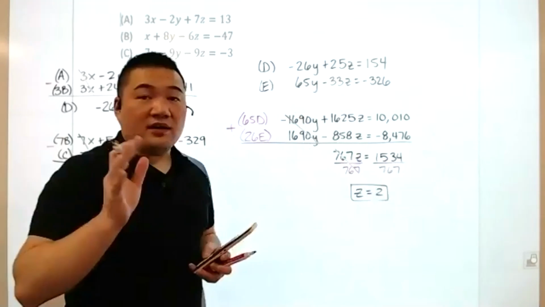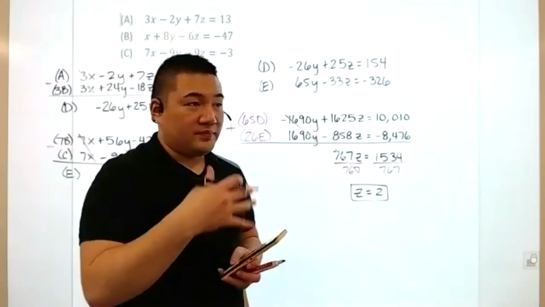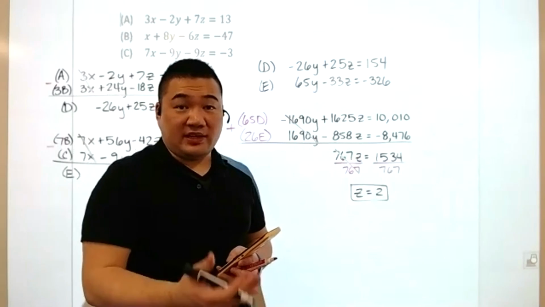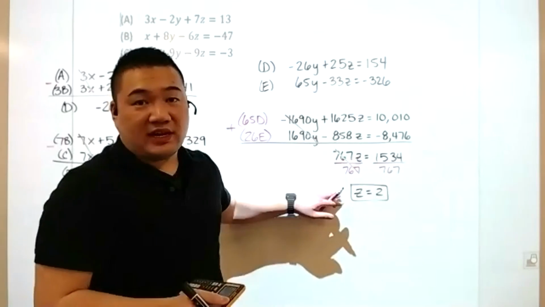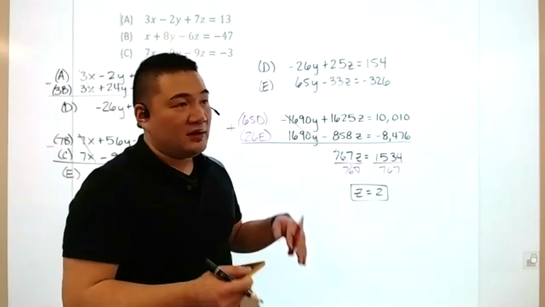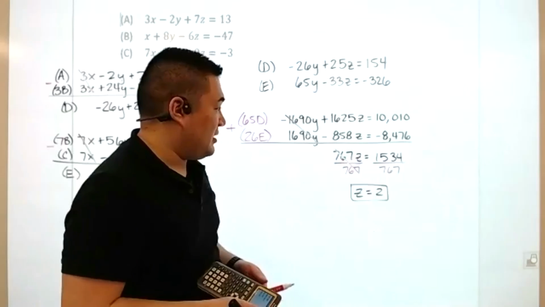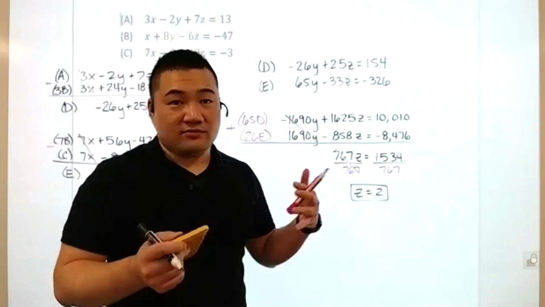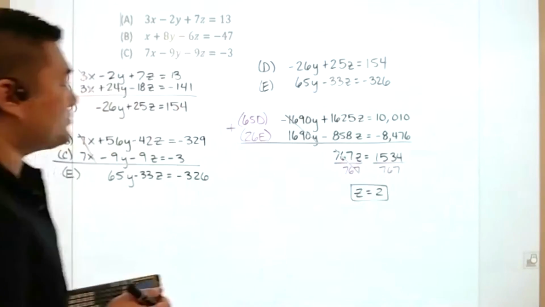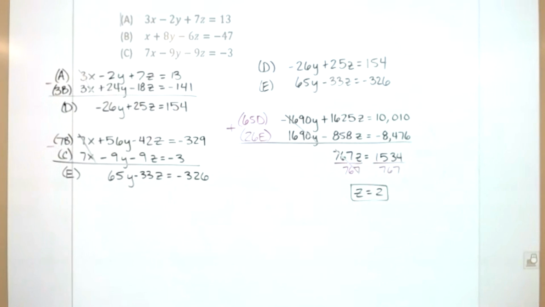And since for all of our problems, x, y, and z are going to be integers, this is a really good sign for us. If I would have gotten something like 2.549, that would have told me, ooh, maybe recheck my work. All right, so that's phase 2.